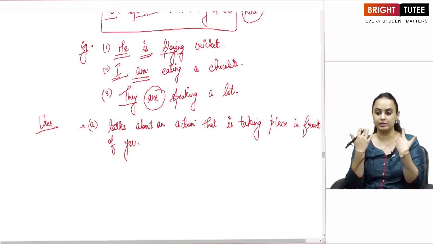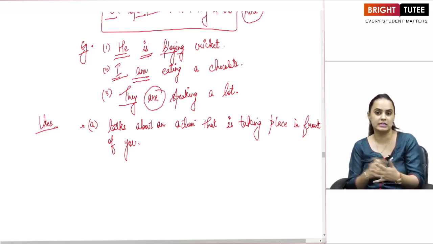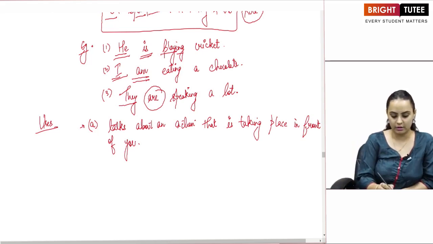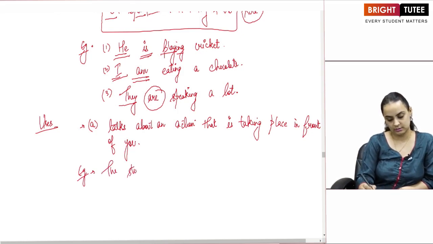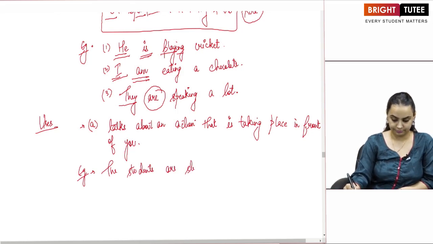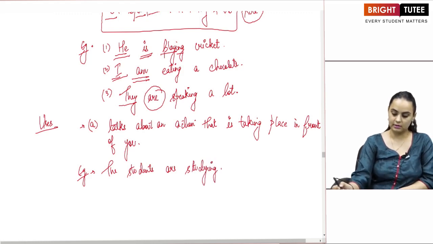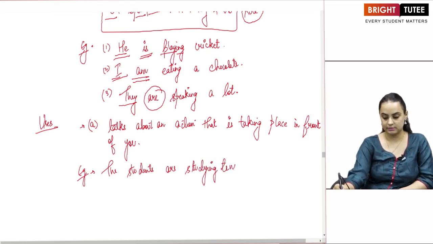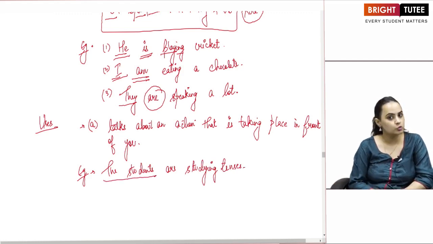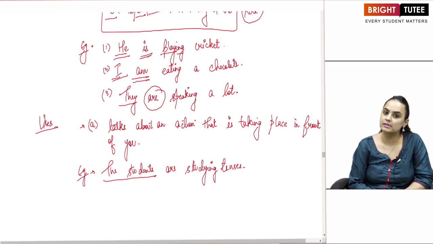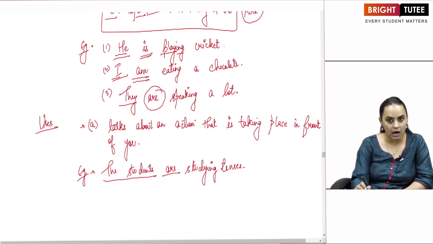For example, if I am here right now teaching, so how am I going to write? If I say the students are studying the tenses. So what is my subject? The students. Since the students are plural, so we write are.